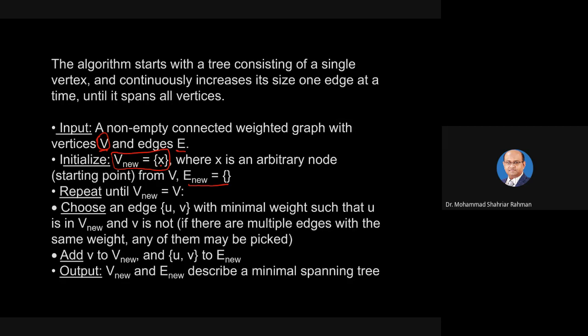So we run the following operations until we find that V new is equal to V। তার মানে হচ্ছে আমার সবগুলো node from the original graph will move to V new, right?